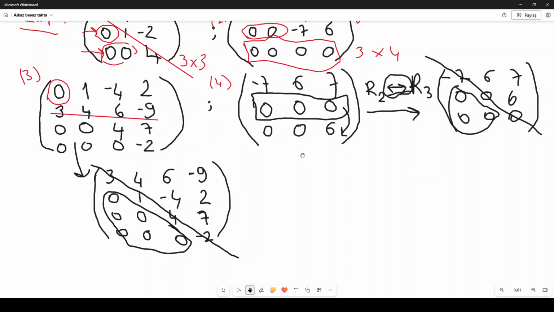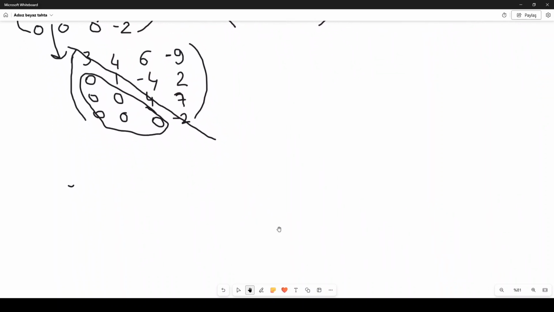Alright then, before proceeding to the more technical topic, which is of course applying Gaussian elimination, before defining what Gaussian elimination is and then applying it to solve a given system of equations, just a quick reminder.